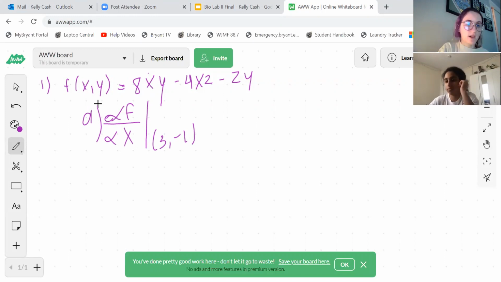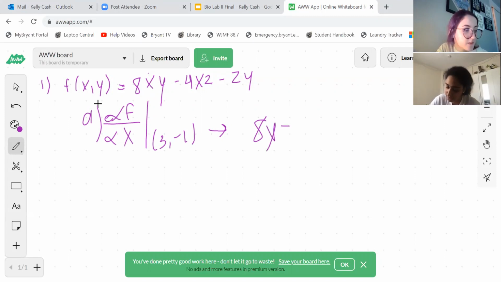Do you have any idea about what the first derivative would be for the equation? 8y. Yep, 8y.